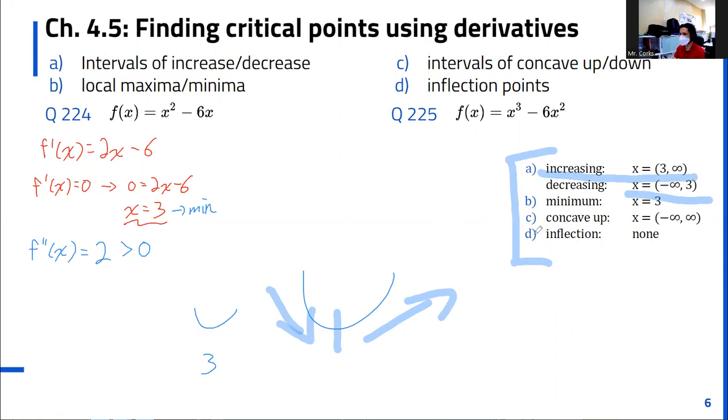We have inflection points? Well, none at all. There's no way to make this equal to 0. So no inflection points. And this function is just concave up the whole time. Never concave down. So from negative infinity to positive infinity, it's just concave up.